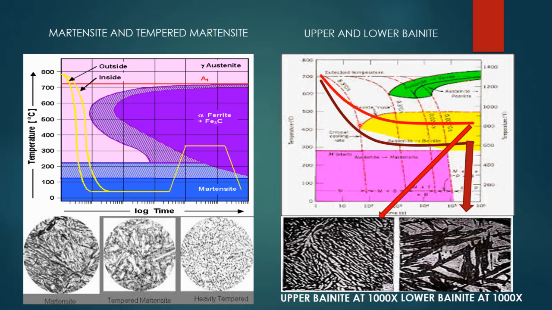The first curve, that is the brown line, yields the lower bainite, whereas in the case of upper bainite, the cooling rates are still slower. This is the upper bainite. The cooling rates are slower and pass above the nose of the CCT curve at a temperature of 440 to 500 degrees centigrade.